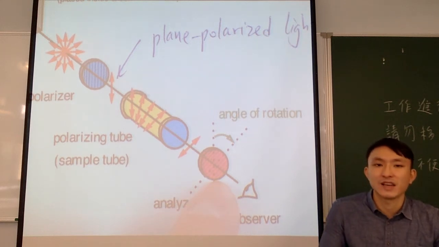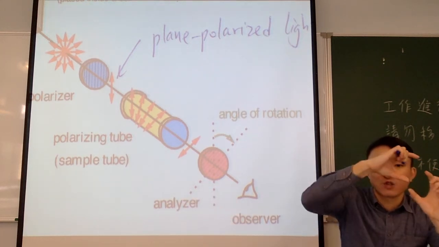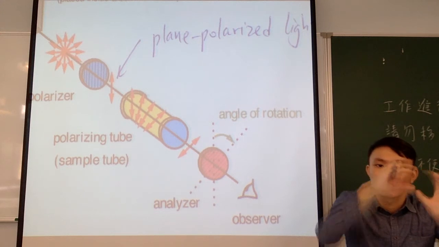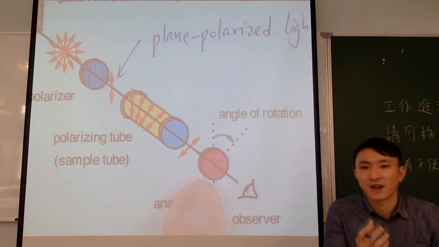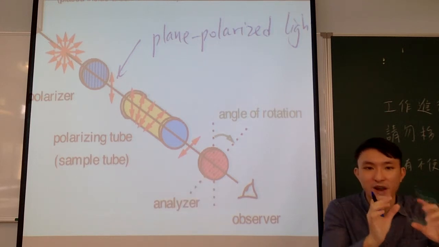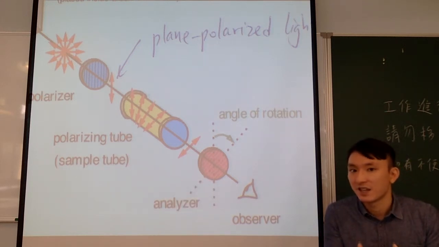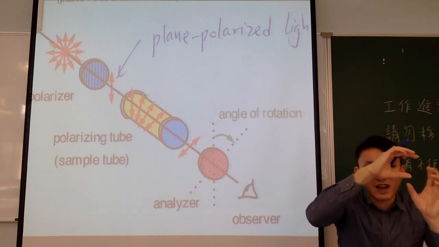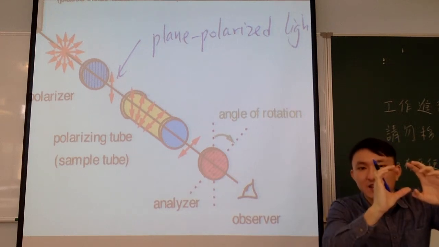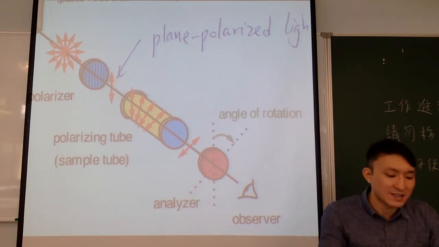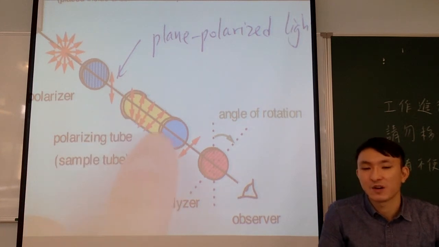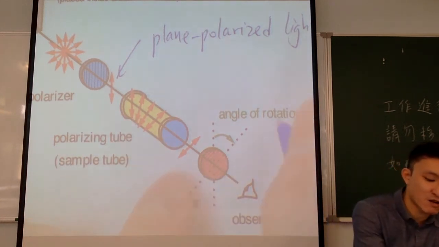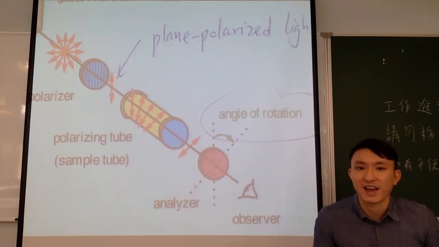So what you're trying to do is rotate this little device to the point where you start to see light. And that degree of rotation would be the same as the rotation done by our enantiomer. So this angle of rotation, you can record it, okay?